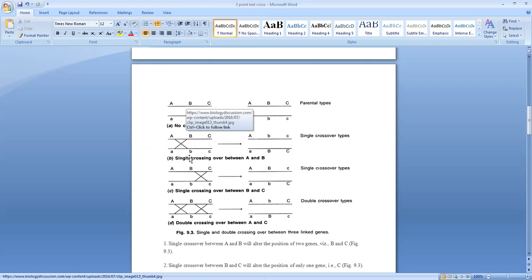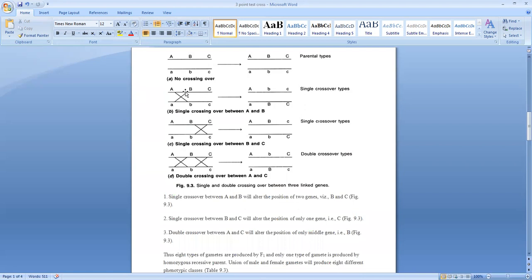In the last slide, it was showing double crossovers and single crossovers. To give you a brief about them: if at a single point we have a crossing over, and at the other point there is no crossing over, this is a single-point crossing over. If A and B are crossing over with each other, there is no crossing over in C, so C will remain the same.